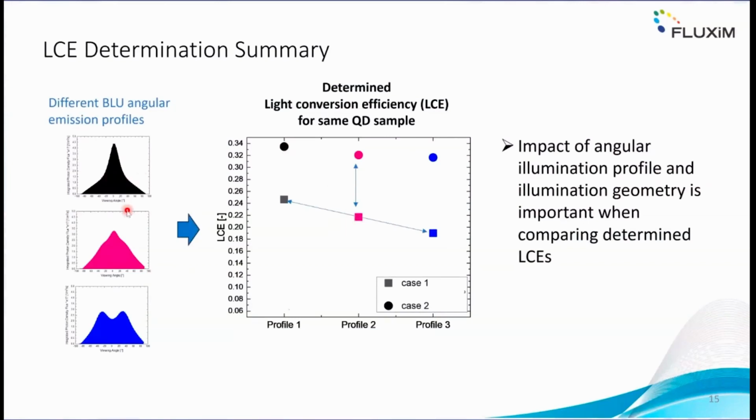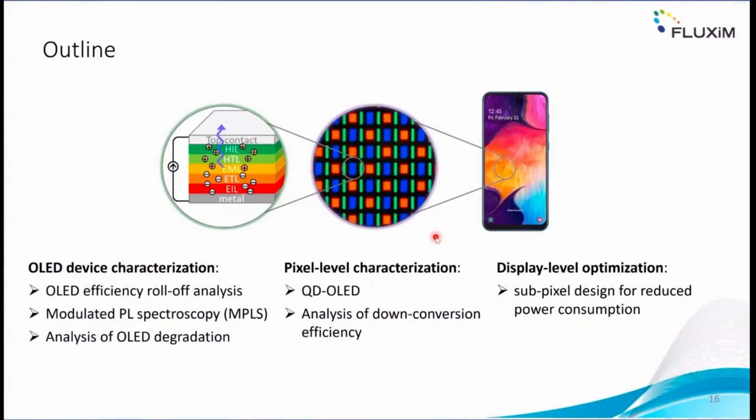For this second angular profile, we observe a slightly lower efficiency, and for the double peak angular profile of the light source, we determine an even lower efficiency. So this really shows us that it's rather delicate how you actually do this measurement.